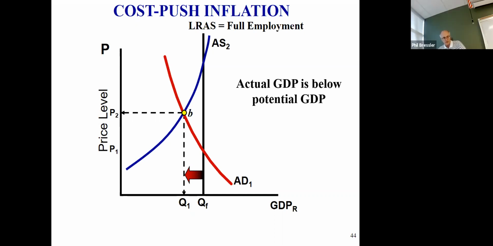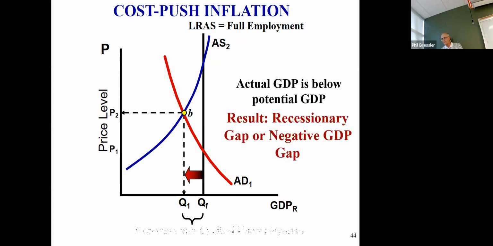If I need less workers, the demand for workers is down. What's going to happen to wages? Wages would decrease. If wages decrease, what shifts? Supply. Which way? Right. Okay, that's how you get to the long run.